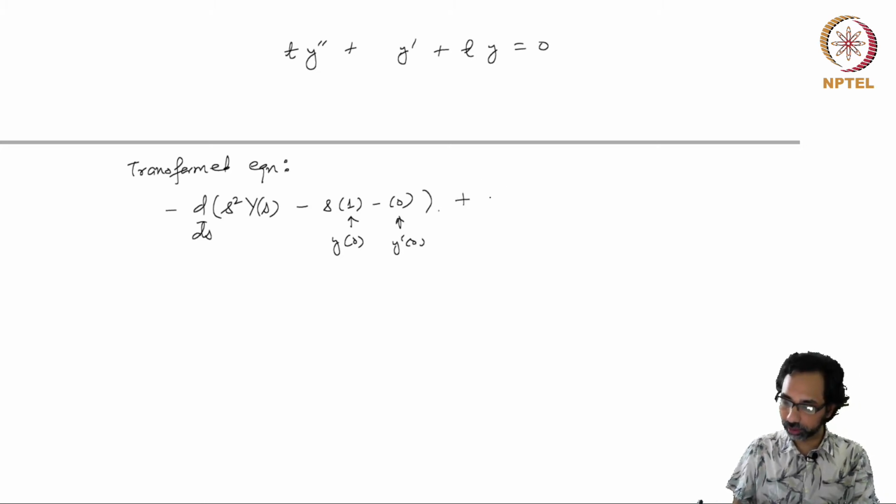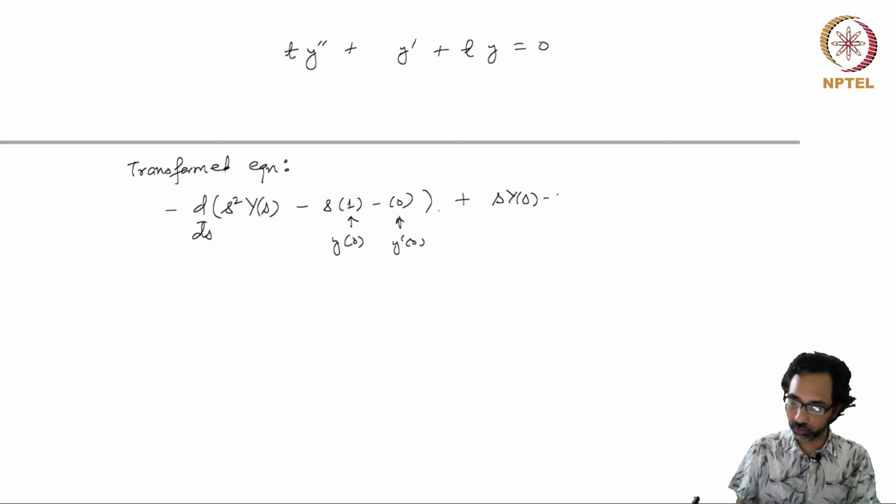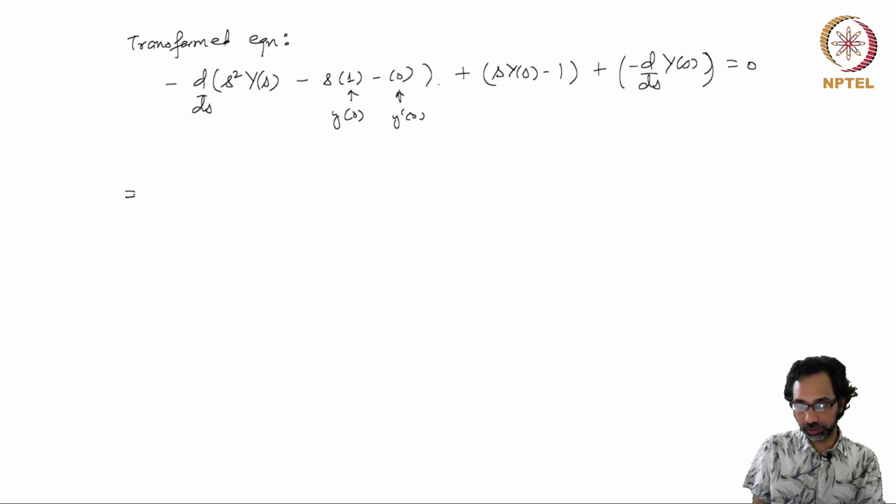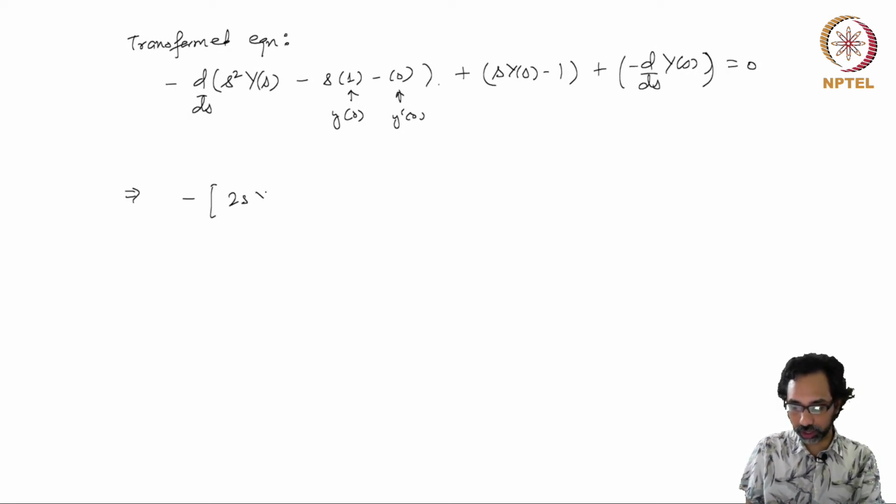The first term gives minus d/ds of (s² Y(s) − s·1 − 0), where these are y(0) and y'(0), plus sY(s) − 1, plus minus d/ds of Y(s). This is 0. So for the first one we get 2sY(s) + s² Y'(s) − 1.